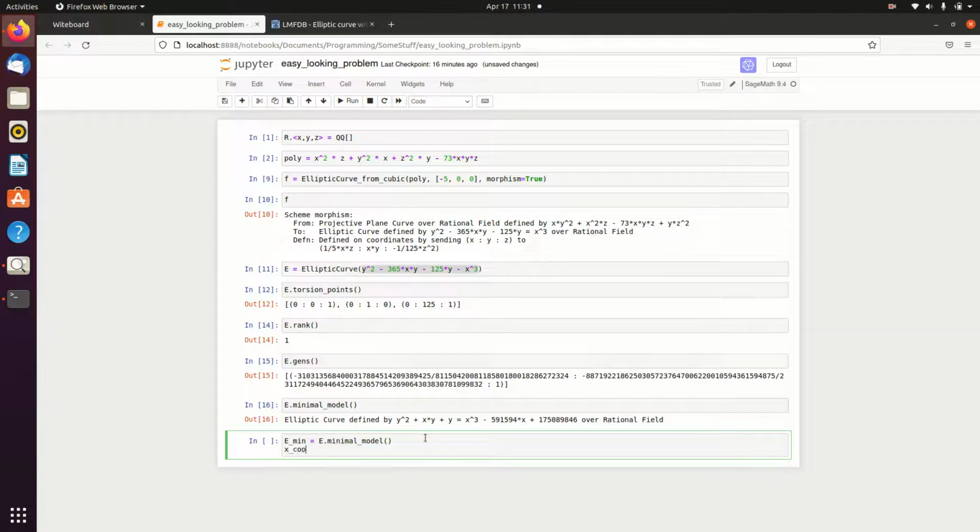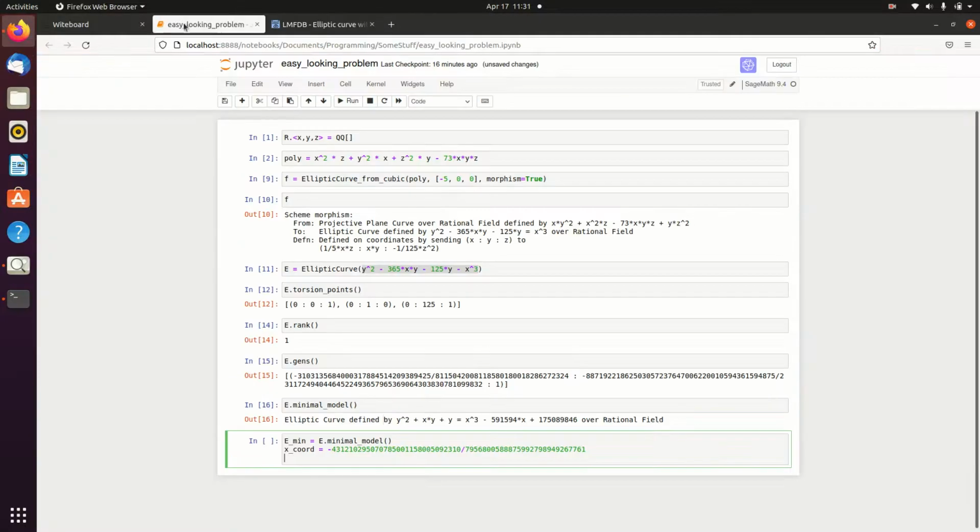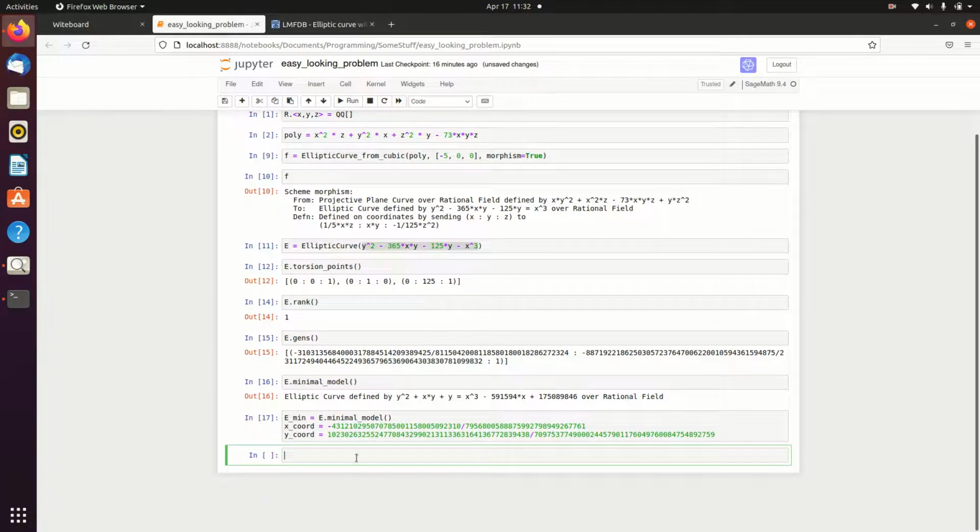Okay, so that's the curve, and now we define a point. So the x coordinate is what I have here. Then we can take the y coordinate to be that, so that's our y coordinate. And now we define a point on this curve given by this equation now.